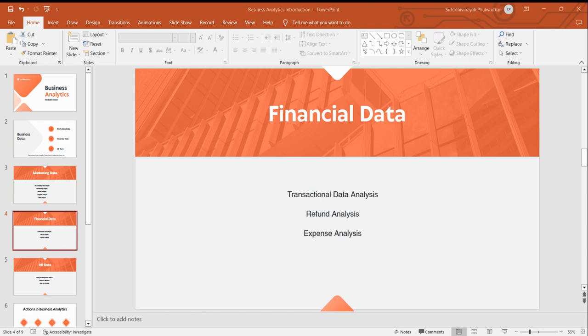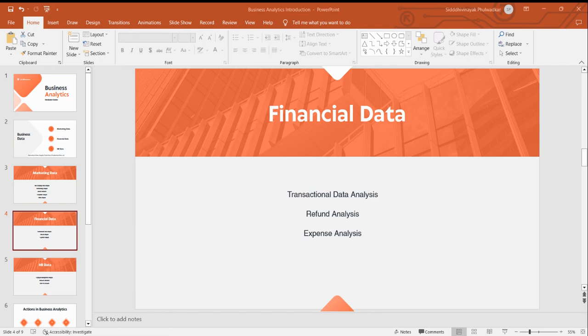Whatever the analysis is, they have to check it and ensure that in future this doesn't happen. It is the work of business analytics. Am I clear? So if you are hired as a business analyst, it depends upon your department, on which department you are working on.